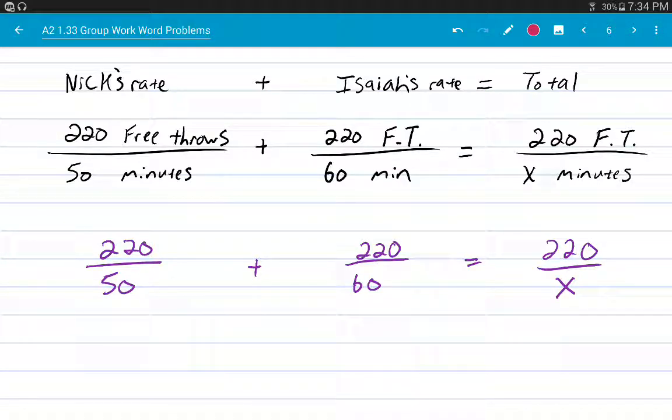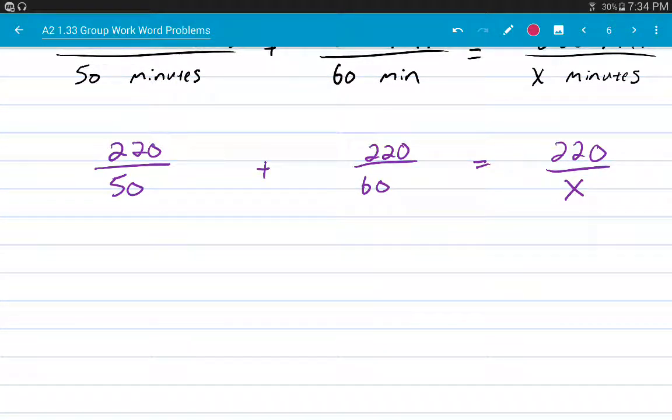So what I think to myself is, okay, what multiples do we have? 50, 100, 150, 200. None of those does 60 go into, so I'll keep going. 250, 300. Yeah, so 60 could become 300, so that's the number I'll use.